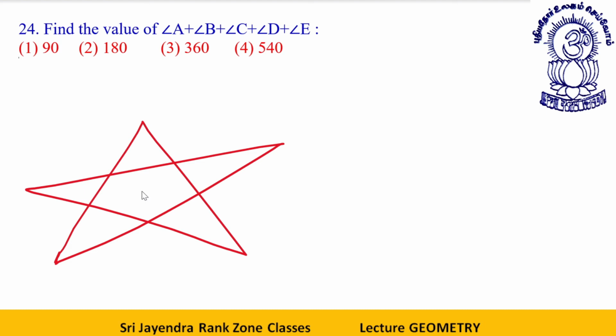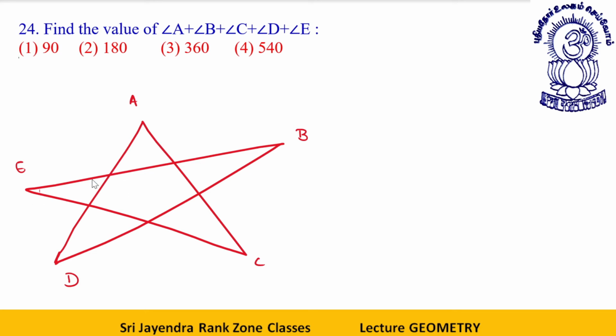In this figure, there are two, three methods of solving this one. Look, first is, suppose I say these are A, B, C, D, and E. What will happen now? Let's talk about any triangle.